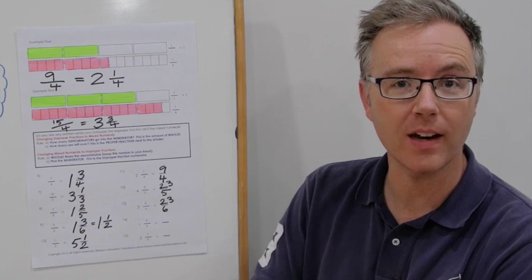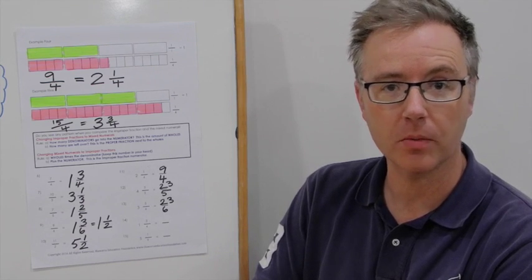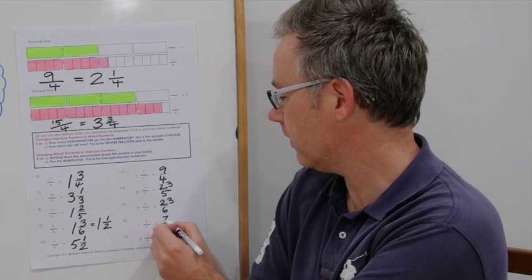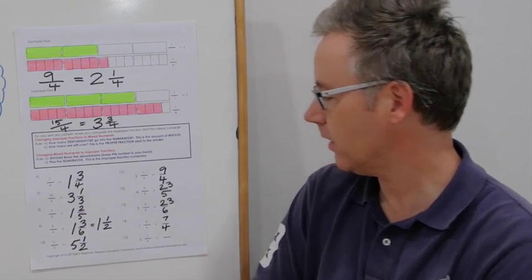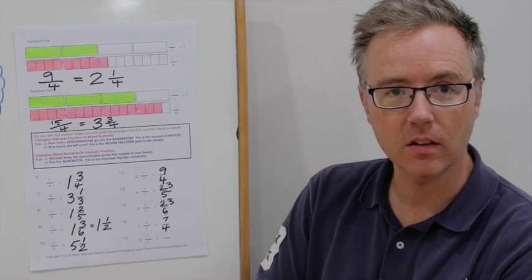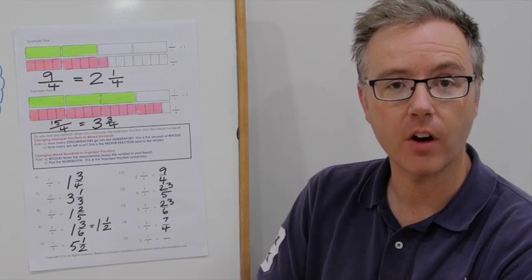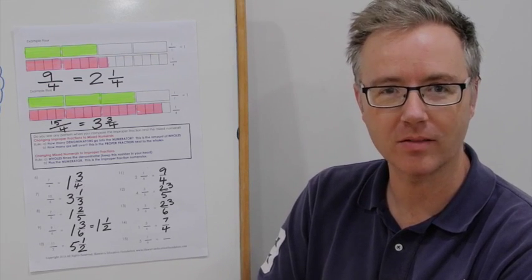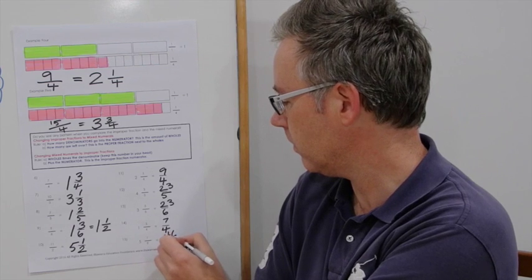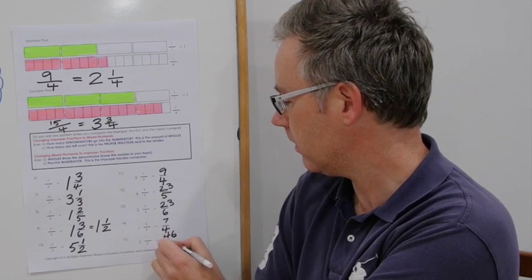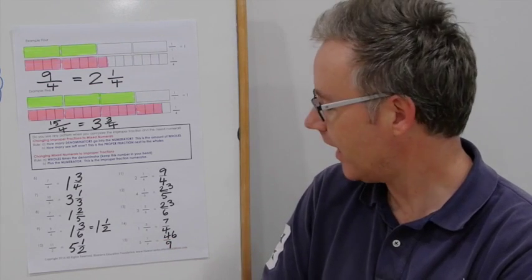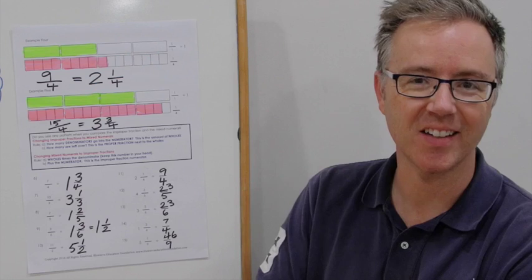Question 14, 1 3/4. 1 times 4 plus 3. 7/4. And question 15, 5 1/9. 5 times 9 plus 1. Whoops. 9 5s are 45, plus 1, 46. Answer, 46/9.